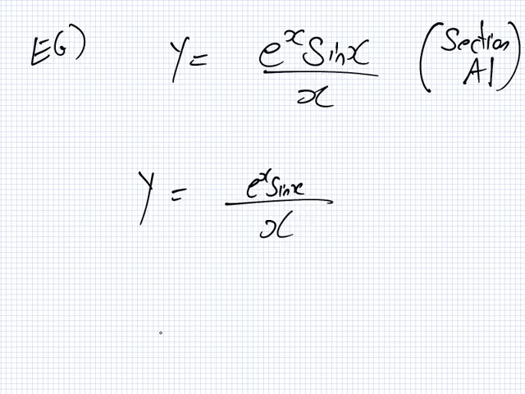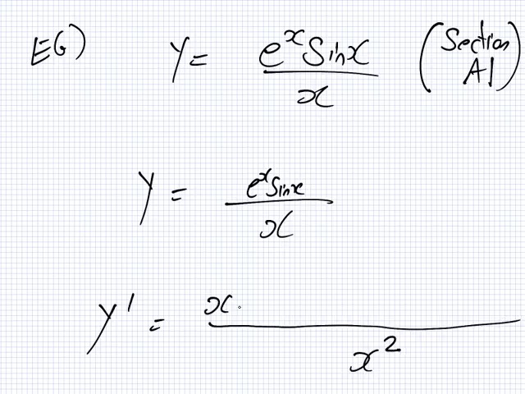Okay. So if I use the quotient rule, the bottom squared, the bottom times derivative of the top. What rule do I need now?